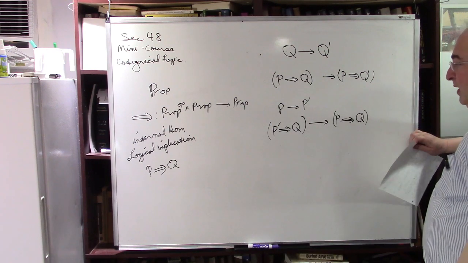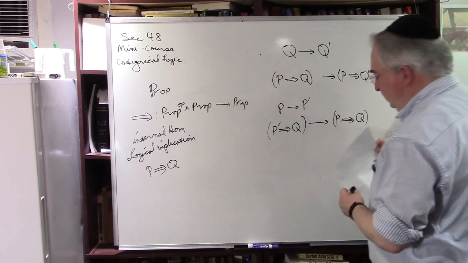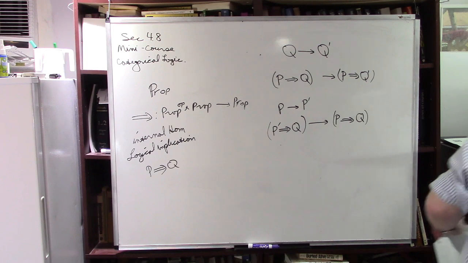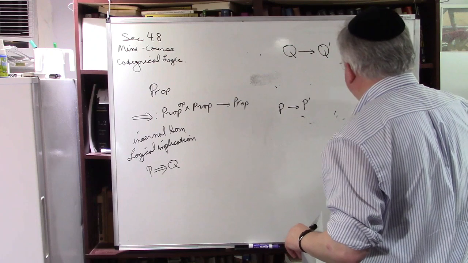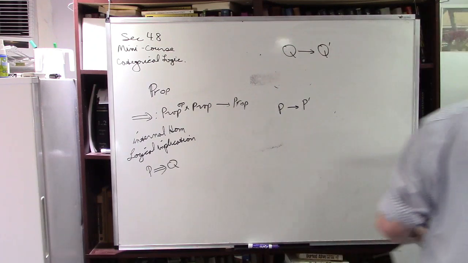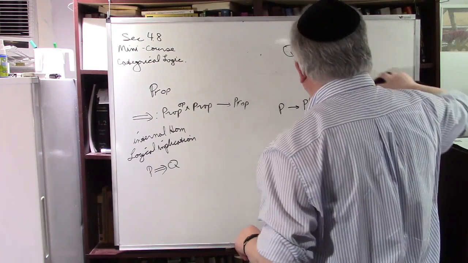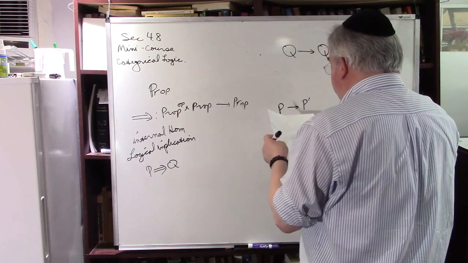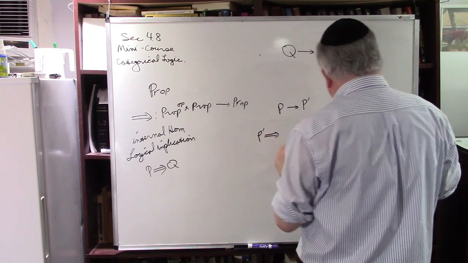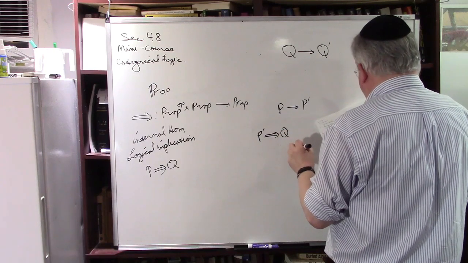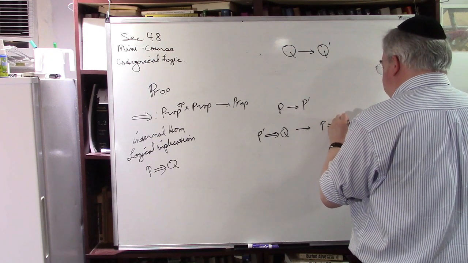That's what it shows. But by the way, you can do both of these in one shot. Let's erase this and this. And we say the functoriality of this thing basically says that P prime arrow Q implies P arrow Q prime.